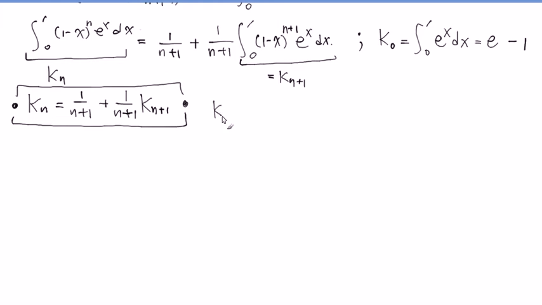So K0, that is e minus 1, let's apply it here. If you see the 0 down there, the n, on the right-hand side every index is 1 higher. So it's 1 over 1, K1. The 0 in every index here is 1 more. So this is 1 plus K1.